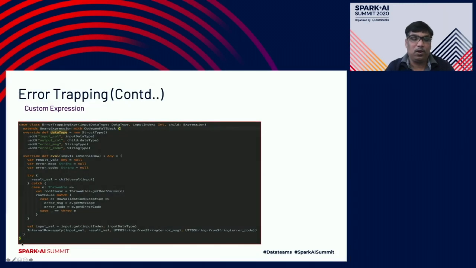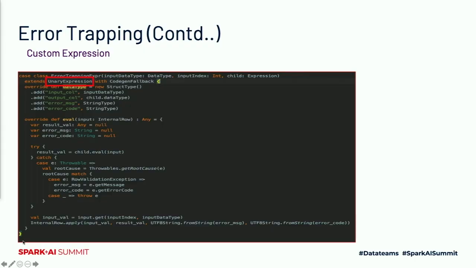It's a simple expression, as we can see, that extends from a unary expression, which means this expression has one child, which is an expression itself. The second thing is that the output of this expression is a struct type, and it has the input column, output column, and the error information.